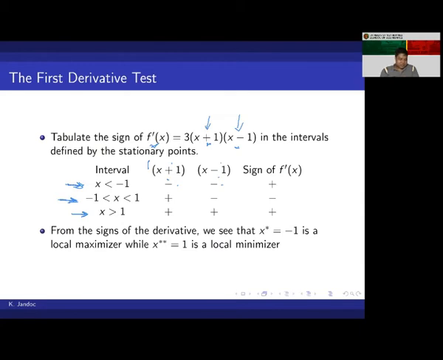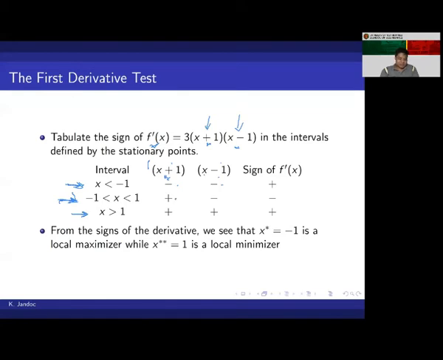Now let's consider the second interval, between negative 1 and 1. If x is between negative 1 and 1, the sign of x plus 1 will be positive. For example, you have negative 0.5; negative 0.5 plus 1 is positive 0.5, so this is positive.